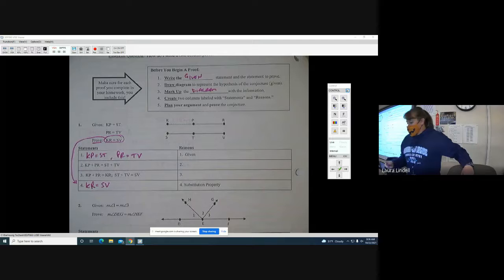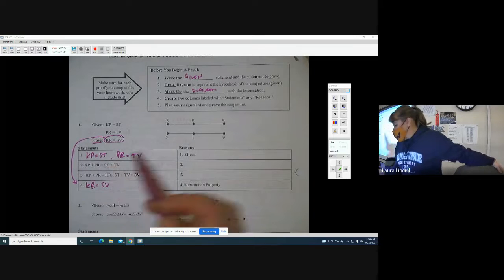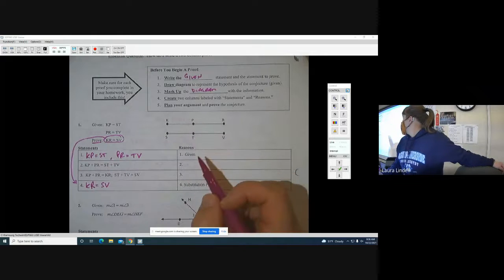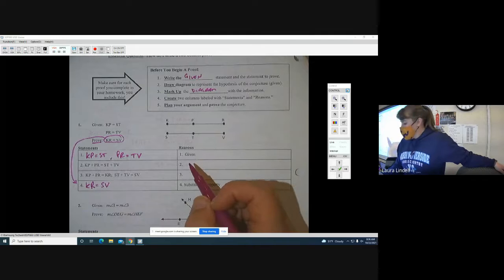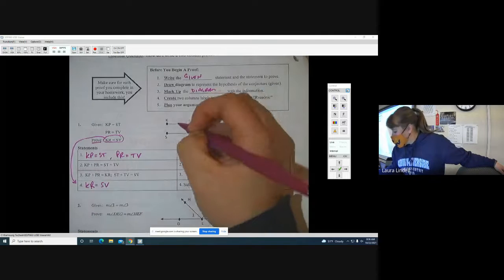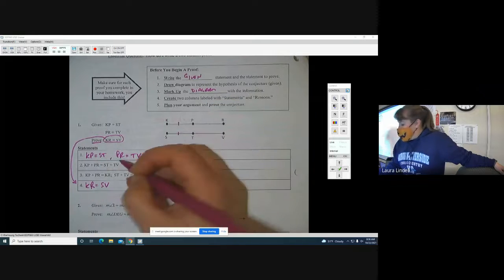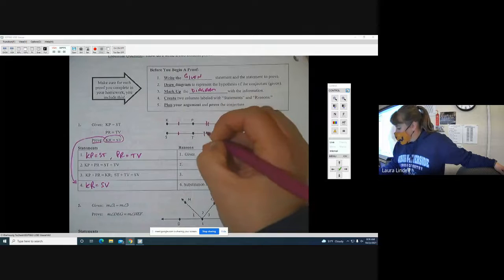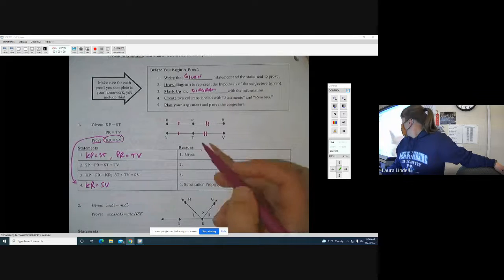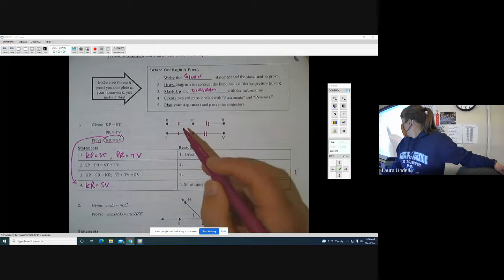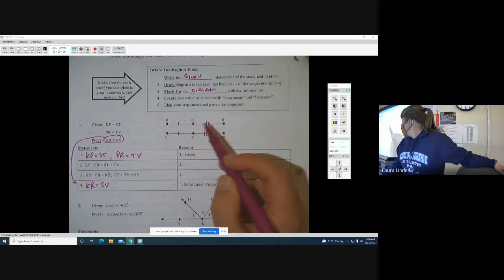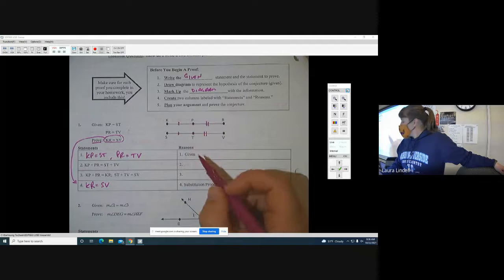And while we're working with that, let's label our drawing so we can kind of see what's going on here. We know that KP is the same length as ST, so we mark that. We also know that PR is the same length as TV. So we mark that one with two little marks because we know these are equal, we know these are equal, but they're probably not equal to each other this way.